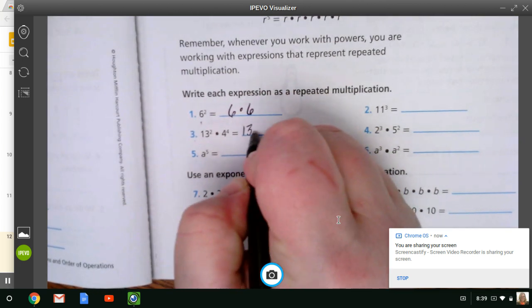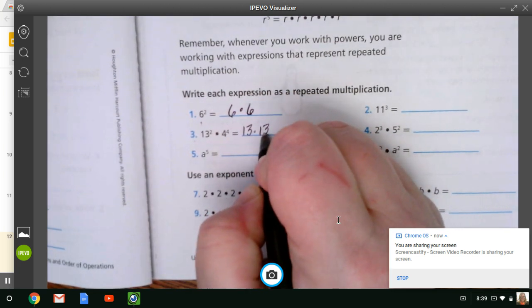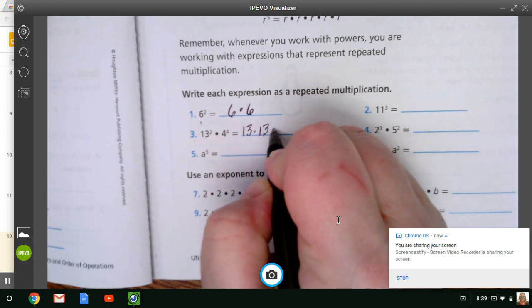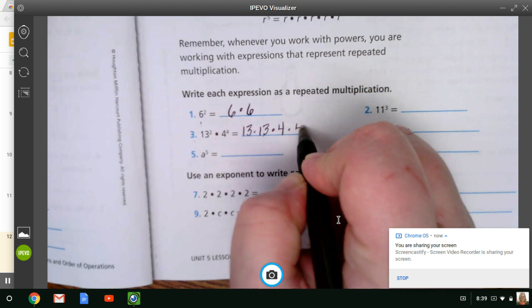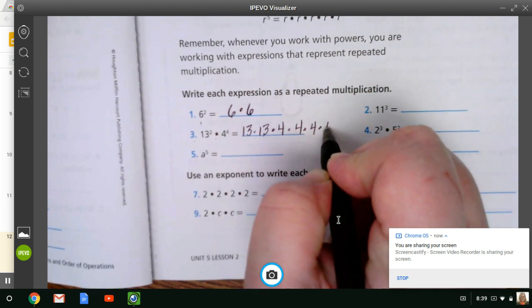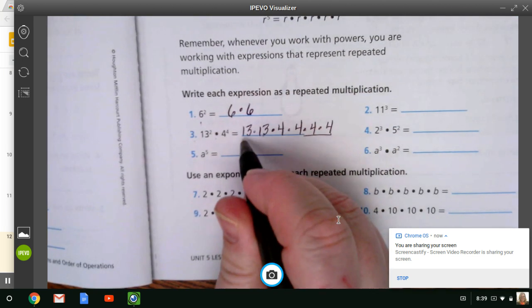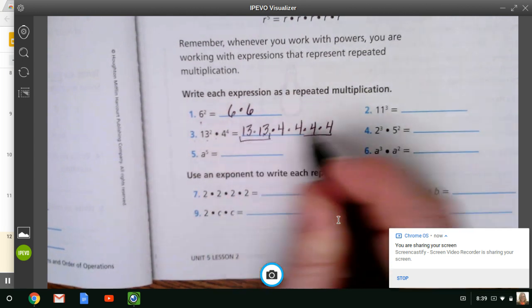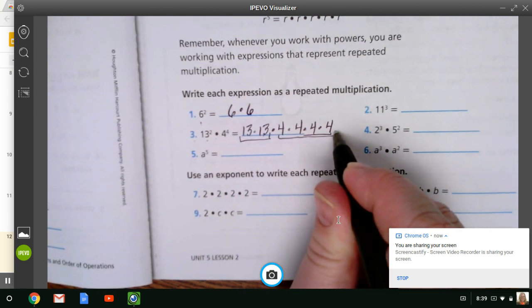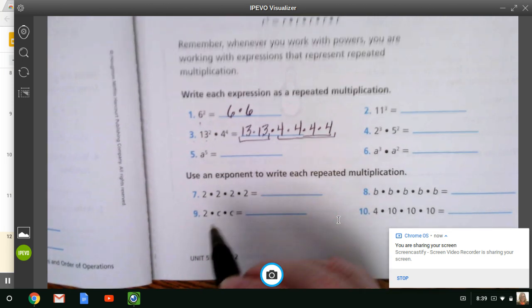So you'll have 13 times 13 times 4 times 4 times 4 times 4. So here I have my 2 powers for 13 and my 4 powers for 4.